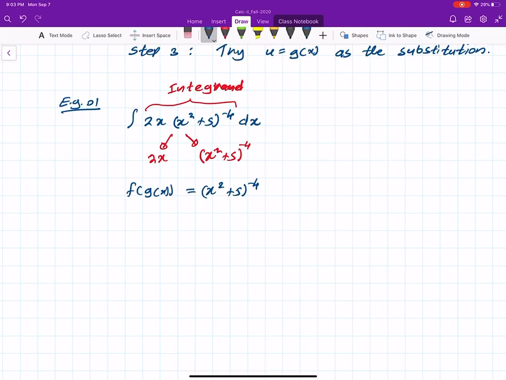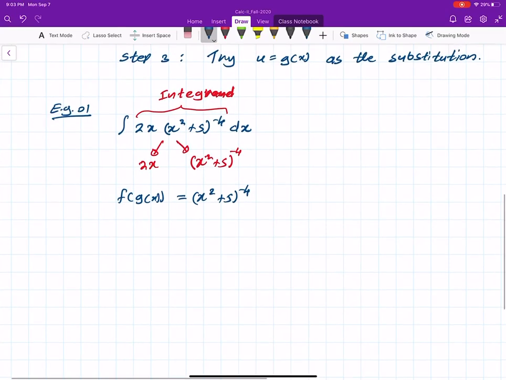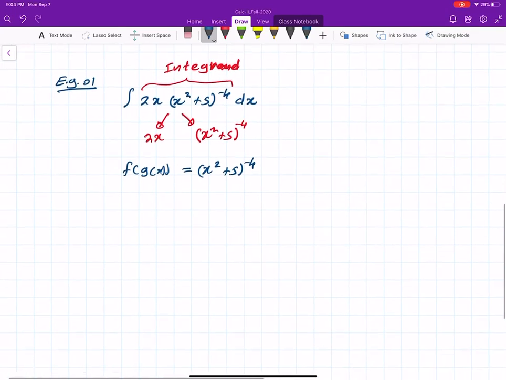Why do you say that? Because it's a function of a function.